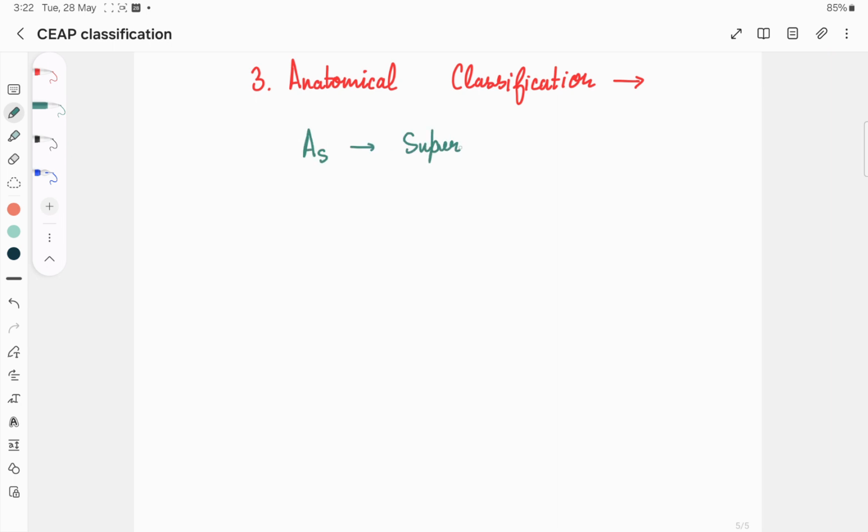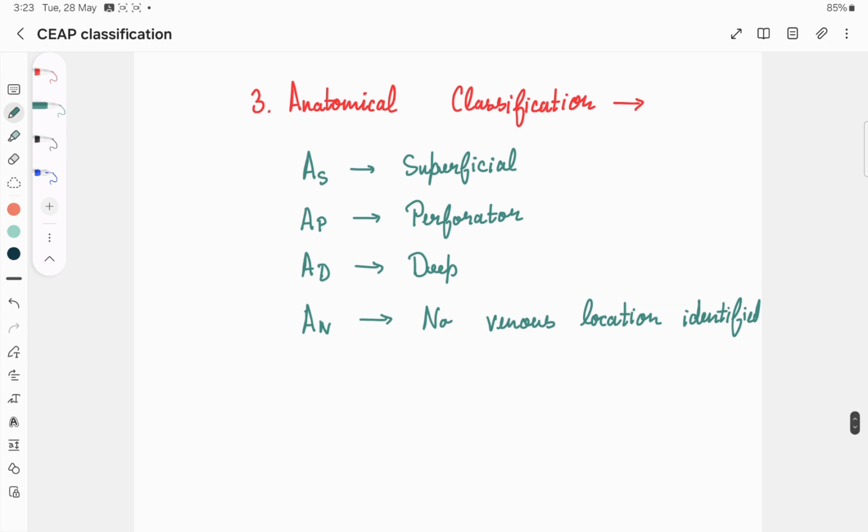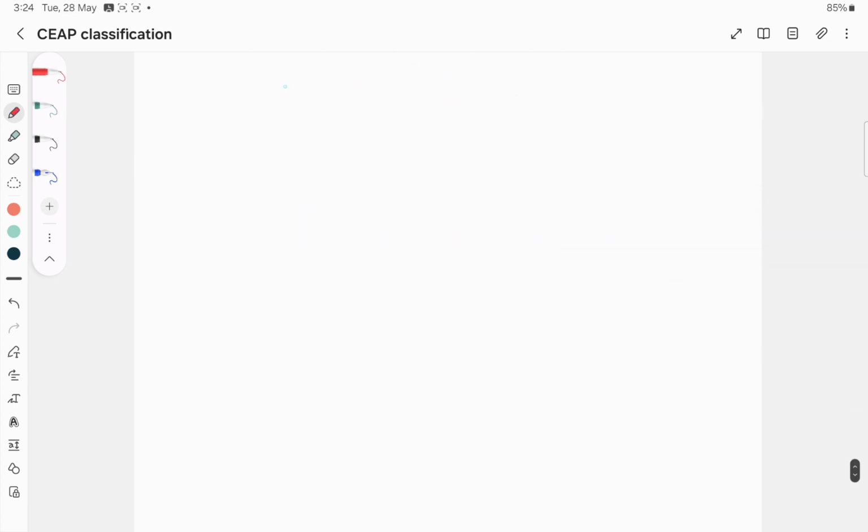So anatomical classification now. We have superficial, perforators, deep, and no venous location identified. This is anatomical classification: superficial, perforators, deep, no venous location identified. Then pathophysiological classification.